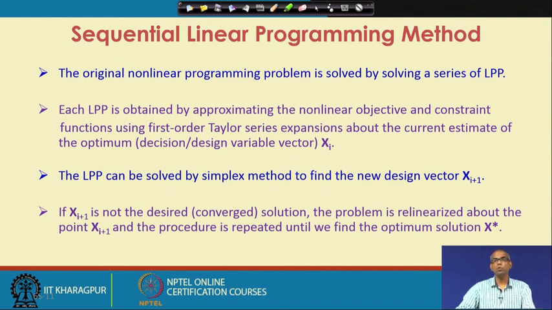So, then you will have a linear programming problem. This linear programming problem can be solved by simplex method, and you will get a solution which is an improved estimate of the original nonlinear programming problem. Let us say that estimate is x_{i+1}. Now, if this x_{i+1} is the desired solution or the converged solution, we stop.